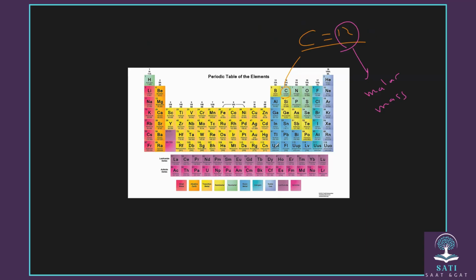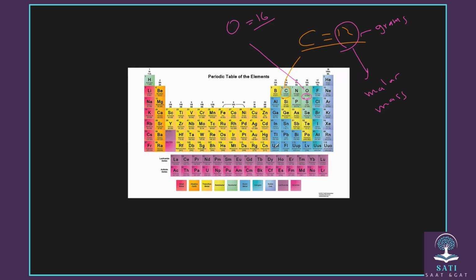It means the 12 here, deal with it like 12 grams. So whenever the mass of any element, for example oxygen, is 15.99, you deal with it as oxygen equals 16. And how do I deal with 16? 16 grams. The mass of oxygen is 16 grams.